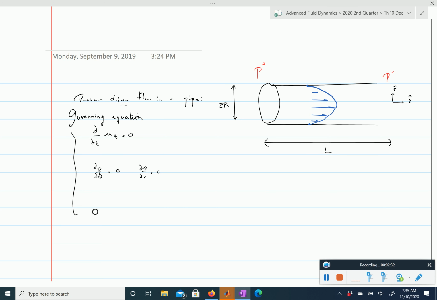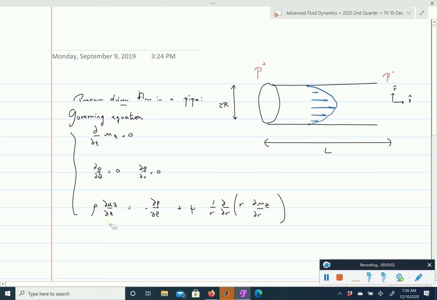And the last equation, which is the most important one, that would be the momentum equation in the z direction. If we don't assume the flow to be steady, so let's keep the unsteady term for now, we get rho partial u_z partial t equals the pressure gradient, minus partial p partial z this time, plus your viscous term, plus mu 1 over r partial r of r times partial u_z partial r.